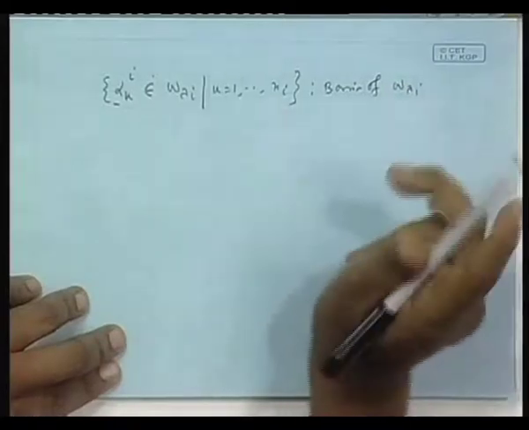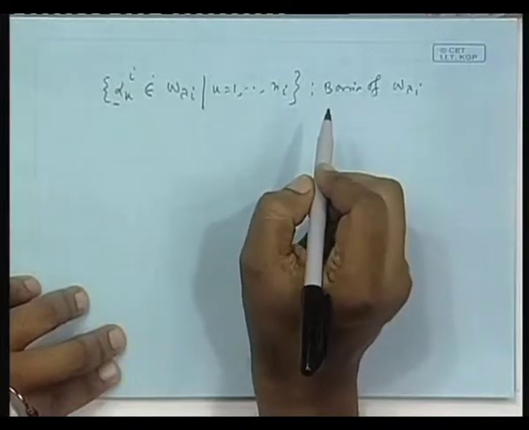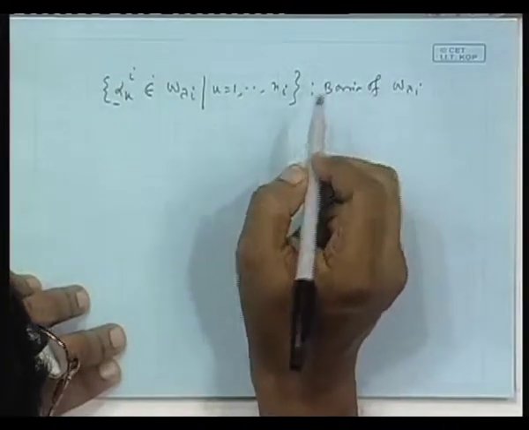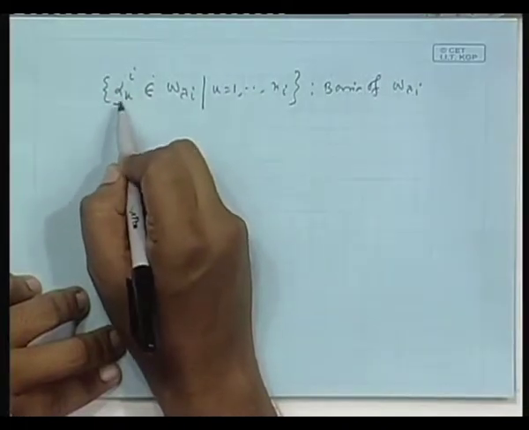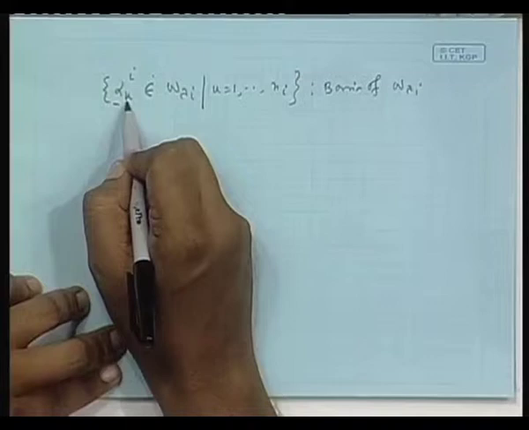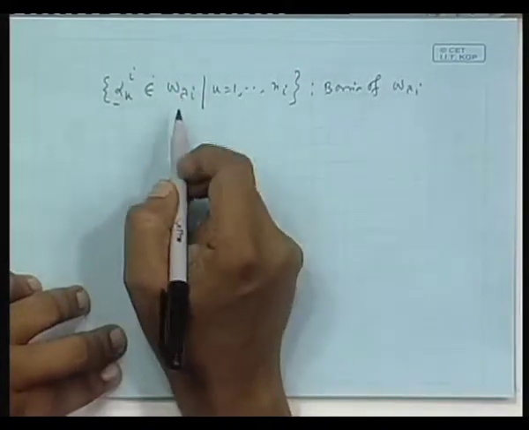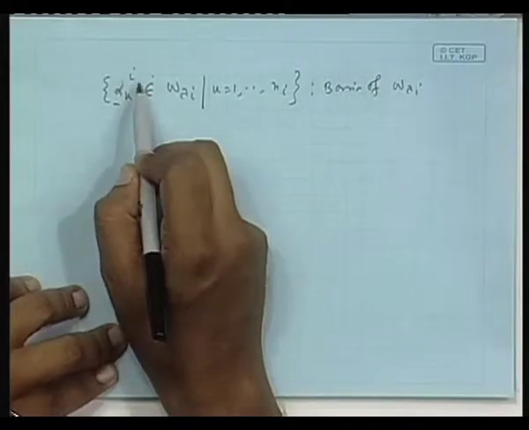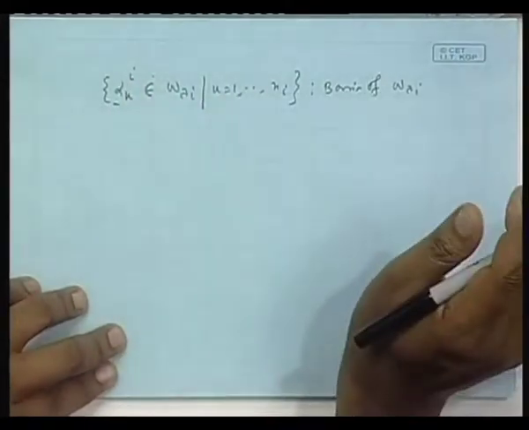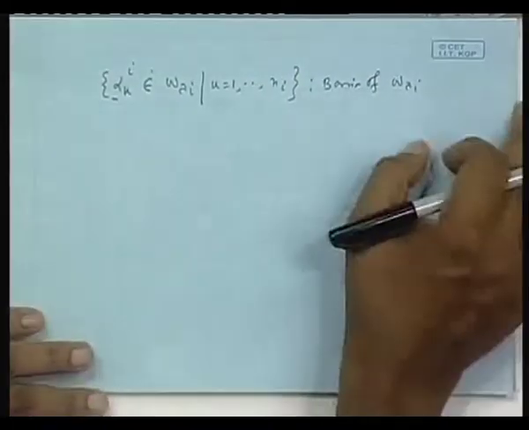W lambda i has dimension ni, so there are ni components here: alpha i 1, alpha i 2, alpha i 3 dot dot dot alpha i ni. So, ni components, they are linearly independent, they form a basis of W lambda i, so I am calling it a basis of W lambda i. And these are for i equal to 1, that is eigenvalue 1, i equal to 2, eigenvalue 2, dot dot dot, i equal to r, eigenvalue lambda r, for lambda 1, lambda 2 up to lambda r.